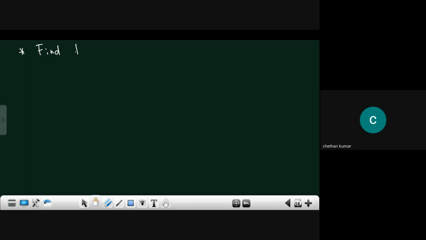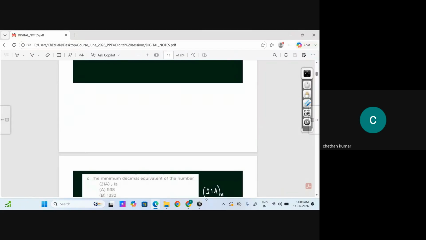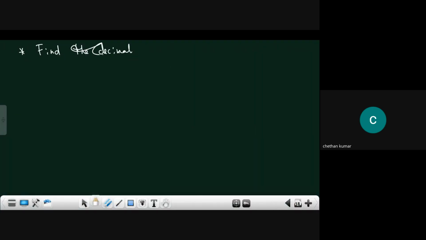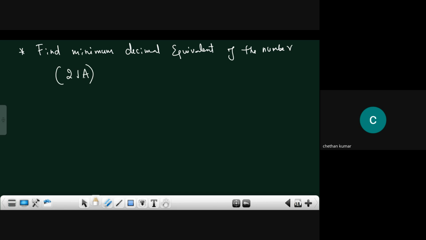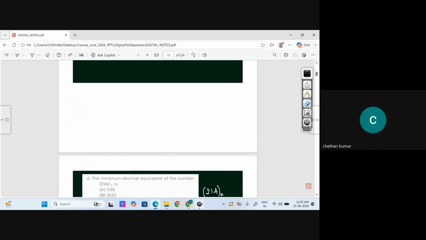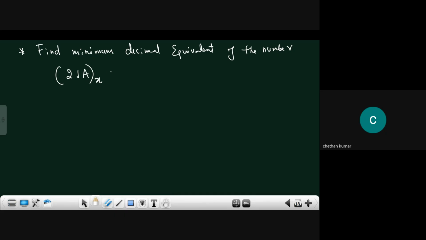We find the minimum decimal equivalent of the number of the following you can take. The number is 21A of X. Is it correct? Yeah, 21A of X. What is the decimal equivalent of this?